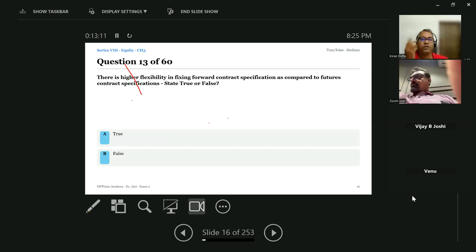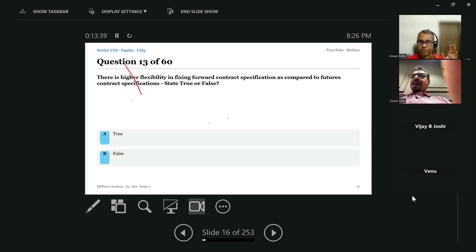Sir, we took the gold example. What is a forward contract? It is a contract between two parties. There is no standardization. So if there is no standardization, what happens if you and I are the parties? We can change the contract as we like, right? So the contract has a lot of flexibility to change.